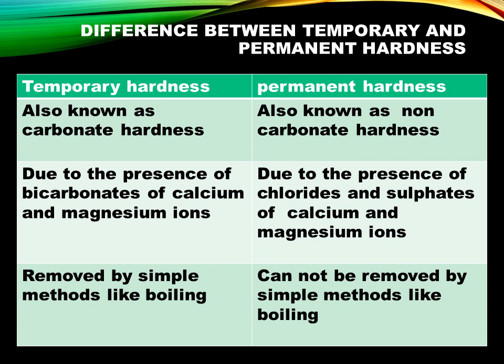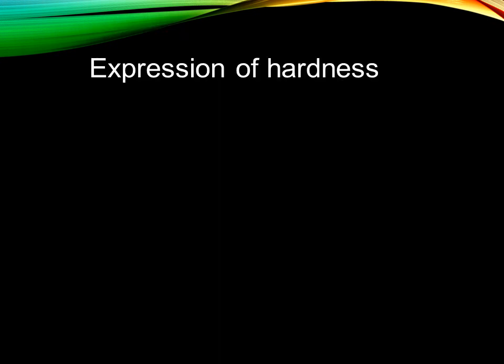Temporary hardness is mainly due to the presence of bicarbonates of calcium and magnesium ions. Permanent hardness is mainly due to the presence of chlorides and sulfates of calcium and magnesium ions. Temporary hardness can be easily removed by the simple method of boiling, whereas permanent hardness cannot be removed by boiling.